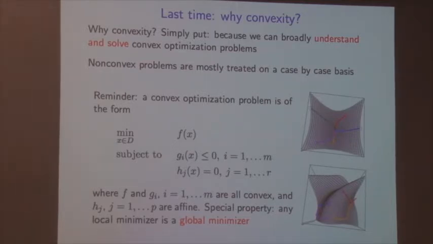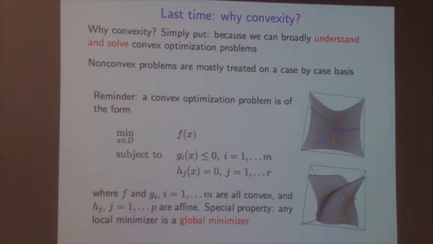Just a quick reminder, a convex optimization problem is of the form: minimize some function f, where the variable is x, over values x in some domain D, subject to a bunch of constraints. We can have inequality constraints that look like g_i(x) less than or equal to 0 for a bunch of i's, and h_j(x) equal to 0 for a bunch of j's.